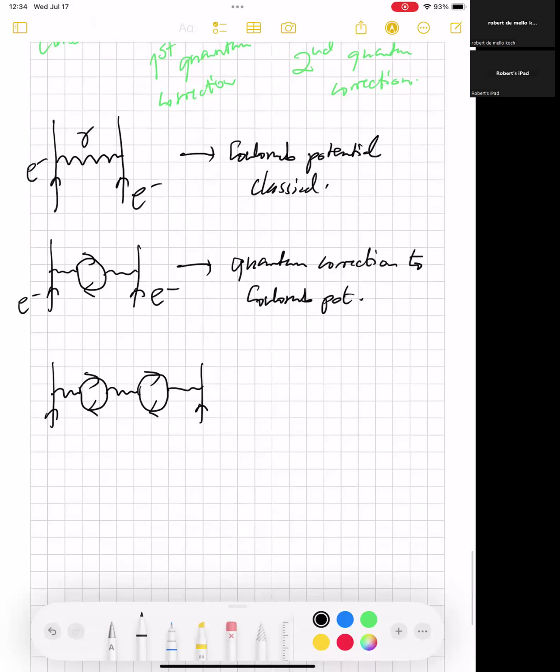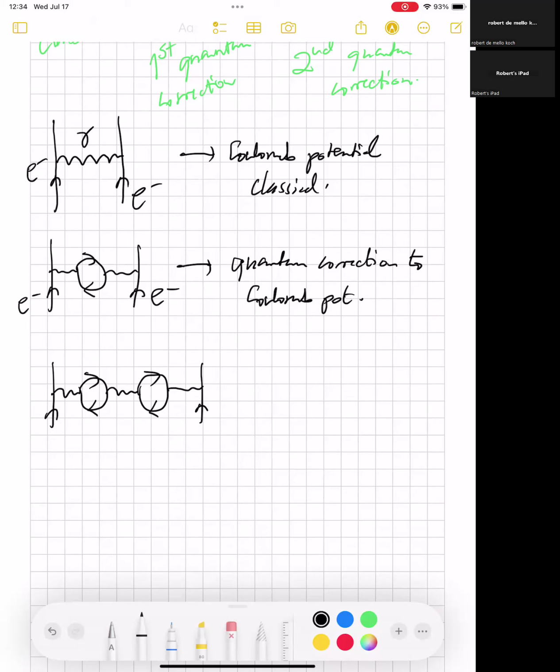What we just argued here is that the power of h bar is related to the number of loops. So an expansion in h bar is the same as an expansion in the number of loops. You would start with the tree diagram, so no loops. Those correspond to the classical contribution. All of the terms with a single loop would be the first h bar correction.